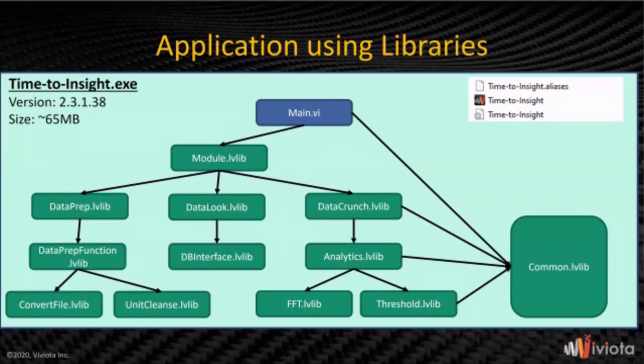As the application matures, you end up including more and more code in this executable as you add new features, as it grows. And most recently, we ended up with an executable that was about 65 megabytes. It would take quite a while to compile, and it took a long time to load into memory.